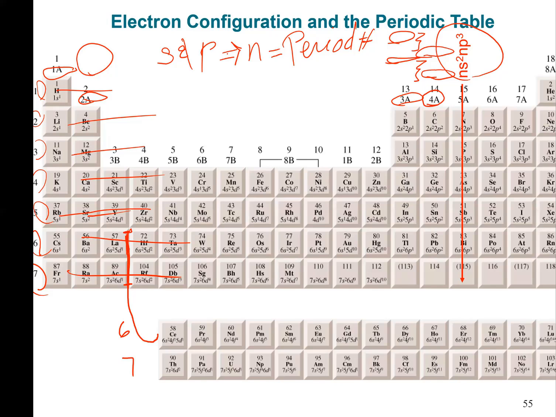What do I mean by period number? Let me ask you a question. Suppose I want to look at the number of electrons in phosphorus, let's say, or arsenic, or anything else. Because this is in group 5A, there are 5 electrons in the outer shell. 2 of them in s, 3 of them must go in the p orbital. But which s orbital and p orbital are we talking about? Phosphorus belongs to period 3.